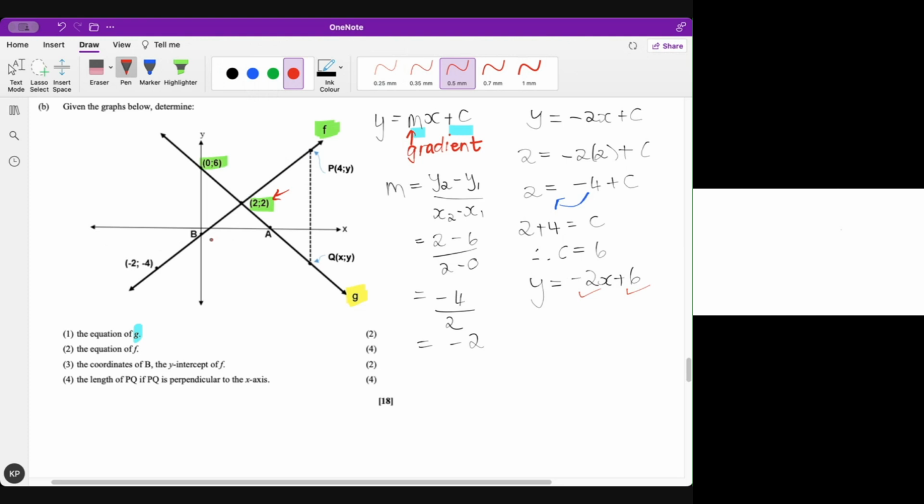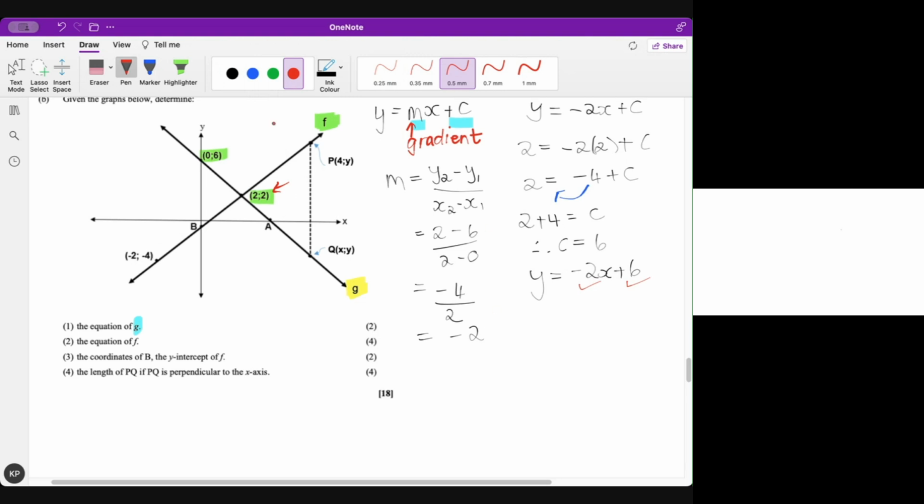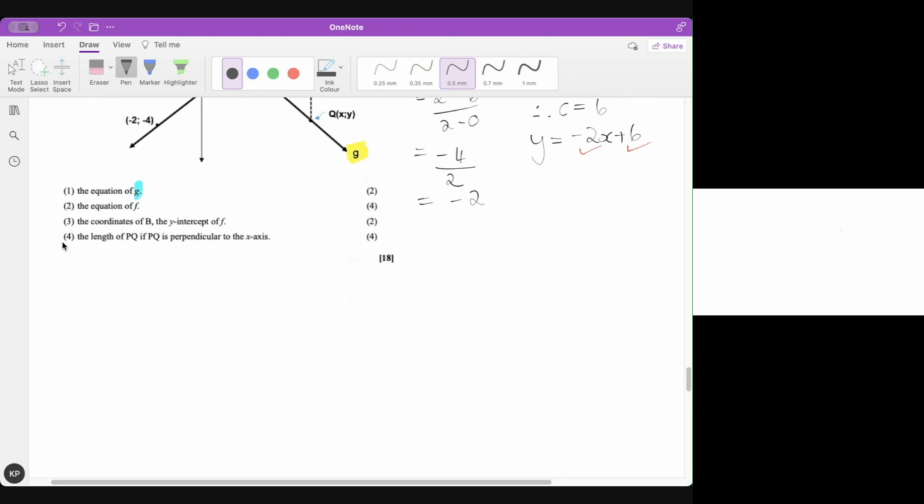And now they want the equation for f. We're going to do the same thing. Let me say this was m of g. You're allowed to do that, so that you don't get lost about who's who. Now I'm going to look for the m of the graph f. It is y2 minus y1 over x2 minus x1.